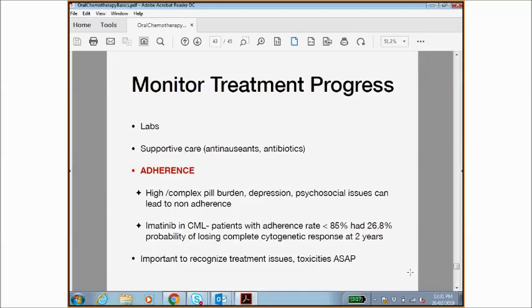You have to remember they have this diagnosis, so they may be depressed. They may be having difficulty paying for the medication, or the pharmacy may not be getting it in on time for them, and that's something they have to struggle with. So sometimes adherence can be a real struggle. And then if you look at a study, it showed that in imatinib and CML, patients with an adherence rate less than or equal to 85% had a 26.8% probability of losing complete cytogenetic response at 2 years.